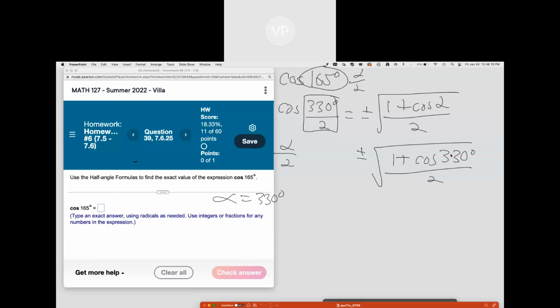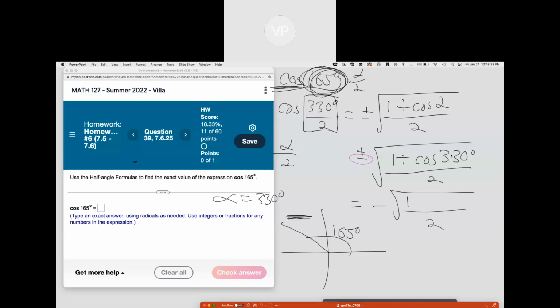To get the plus or minus, remember, it's this. Where's 165 degrees? Somewhere right around there. And since we're talking about cosine, I know cosine is negative in that spot. That's the reason, not just guessing, that's how I know that my problem is going to be negative. It's going to be negative all of this.